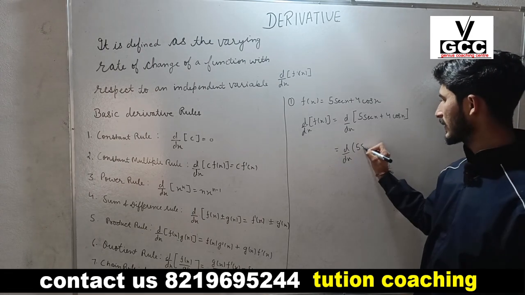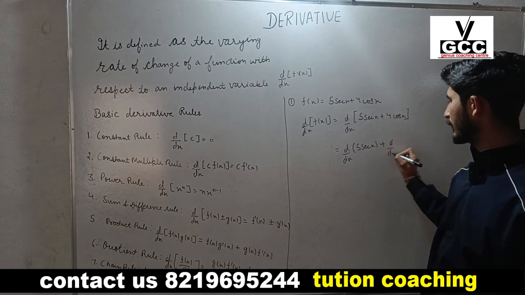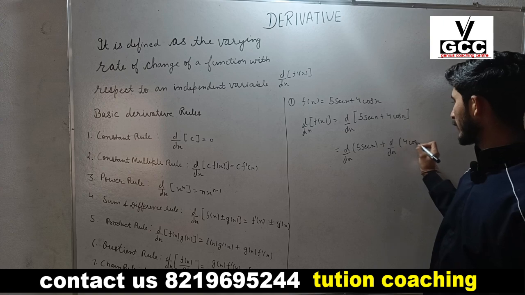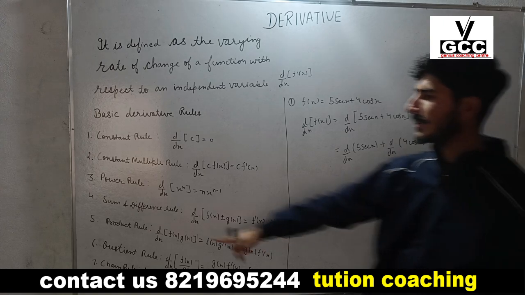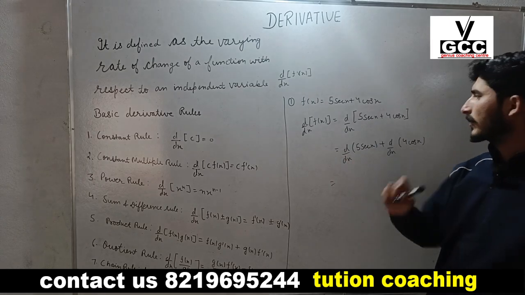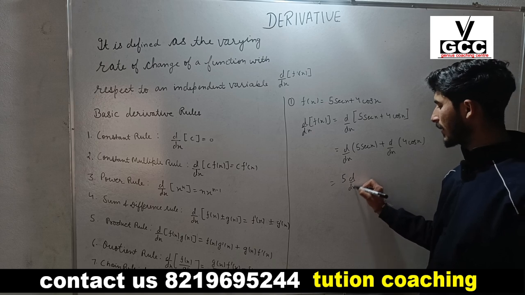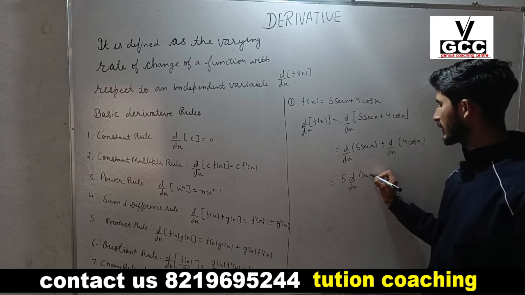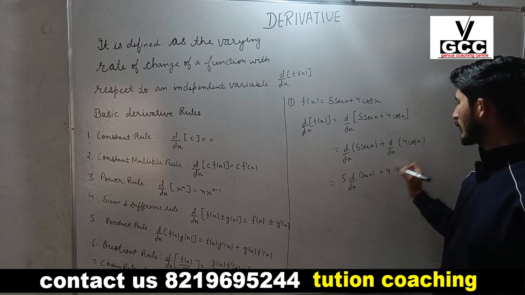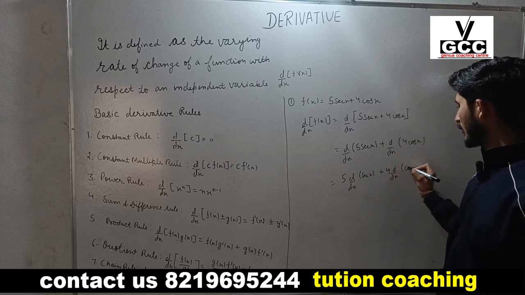So the derivative is equal to the derivative of 5 secant x plus the derivative of 4 cos x. Firstly, we apply the sum rule, then we apply the constant multiple rule. 5 comes outside the derivative and we find the derivative of secant x, plus 4 comes outside the derivative.